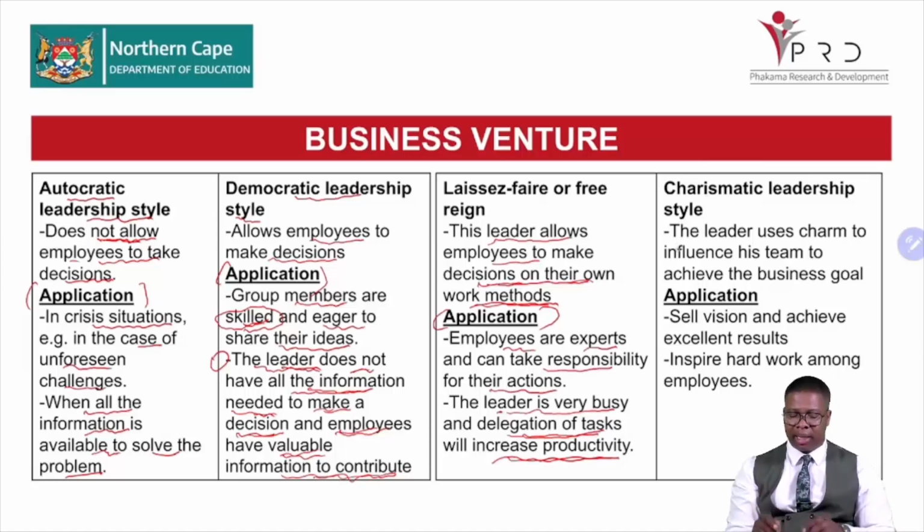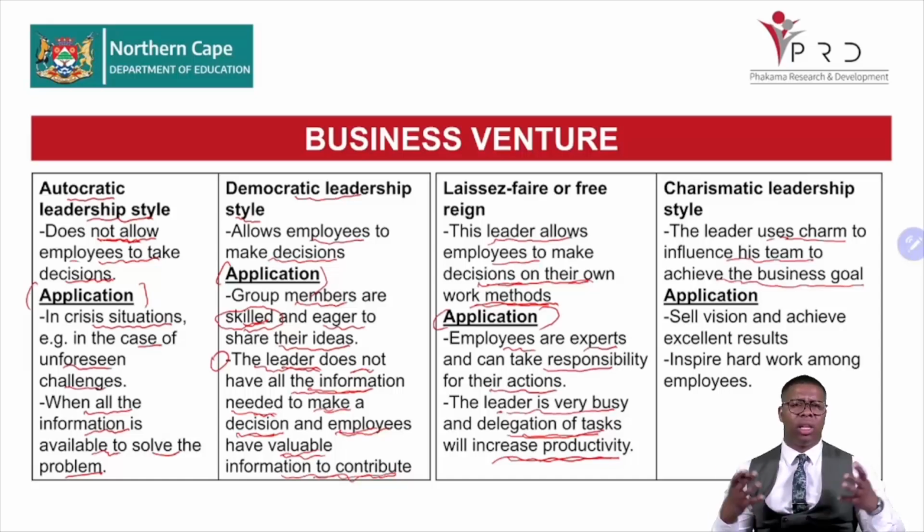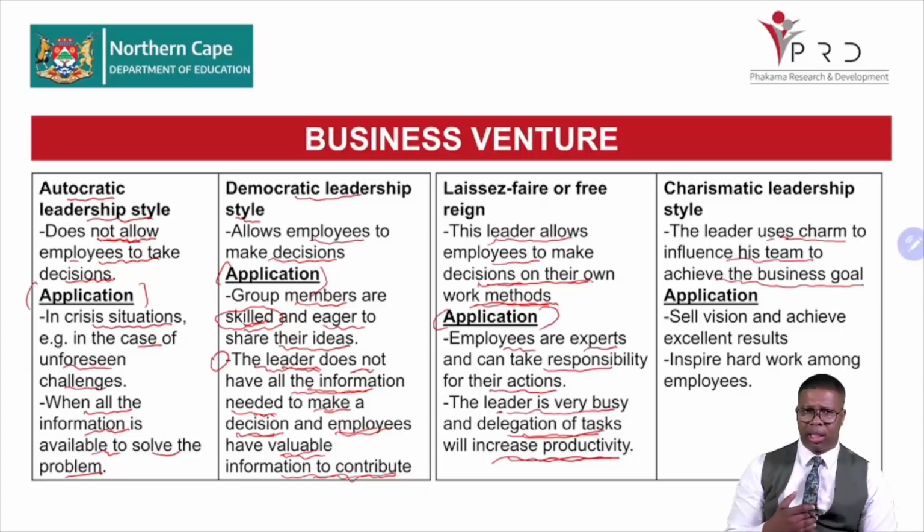Charismatic leader. A charismatic leader is the leader that uses charm to influence his team to achieve the business goals. Let's be clear, we're not talking about the charm of dressing nice, or of how the leader looks, but the focus is on the ability of the leader to do certain activities.